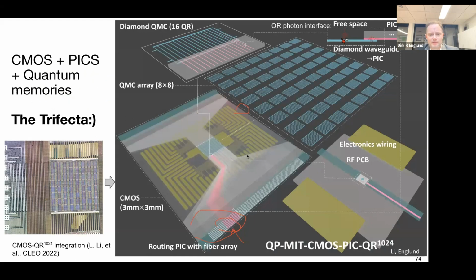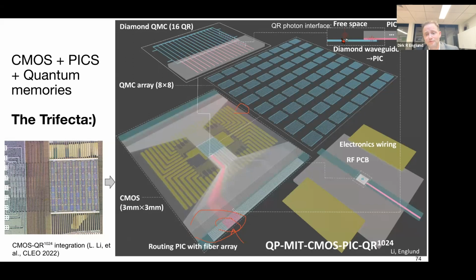So just to give you a sense of what we're doing as part of the CQN here with other team members, this here is a CMOS circuit produced at a large semiconductor foundry. This here has 1024 diamond waveguides, which have a few color centers. We're taking this route because the end goal is that we need to have very large numbers of qubits, as far as we know.